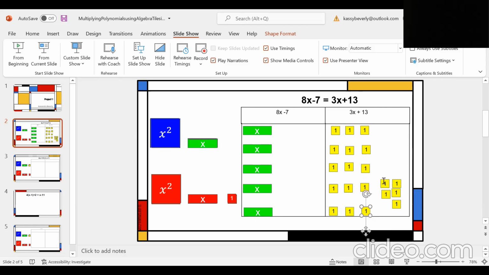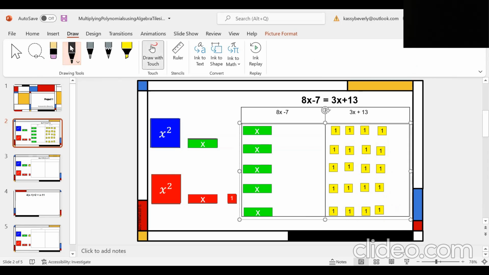We have 3 in each. All right, so as you can see here, what we just did essentially means that this 1x here equals 4 units.